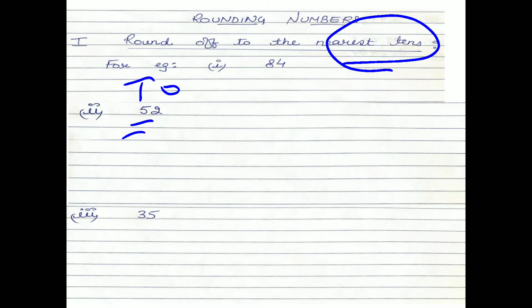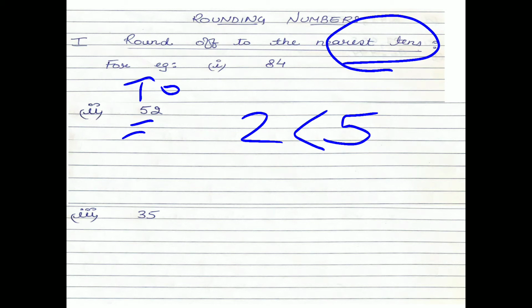You have to compare this 2 with 5. Always you have to compare the digit with 5. If your number is greater than 5, then you have to add 1 to the tens. If your number is less than 5, like here your number is 2, which is less than 5, clear?